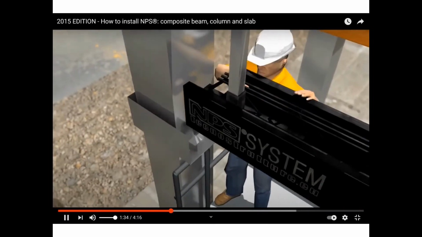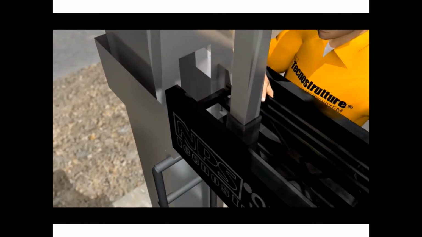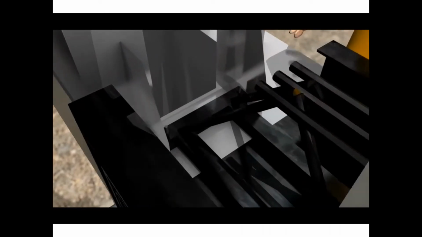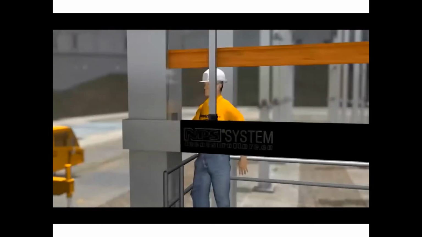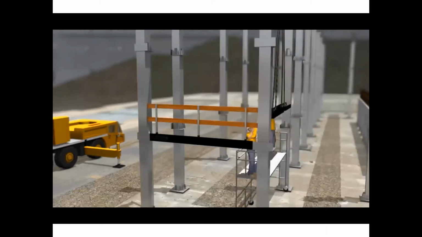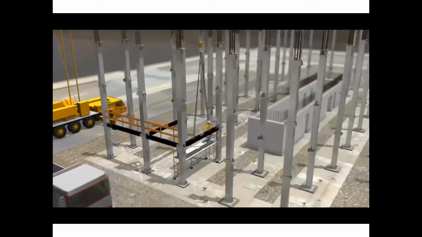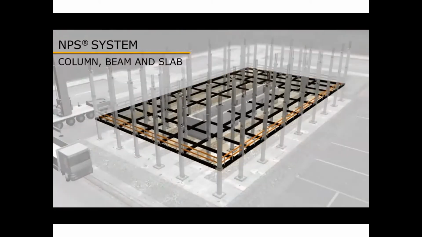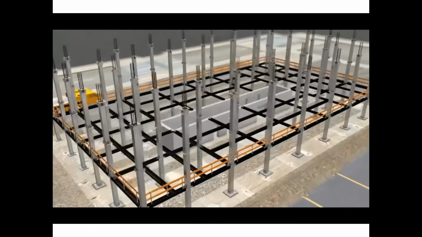Can you see? Holes are ready, bolts are ready, just put your washers and nuts, and you are done with the connection. You don't need to weld or do anything. Here you go. We are done with the first beam. The same for the other beams. So we are right now connecting the grid of steel beams for the first floor.